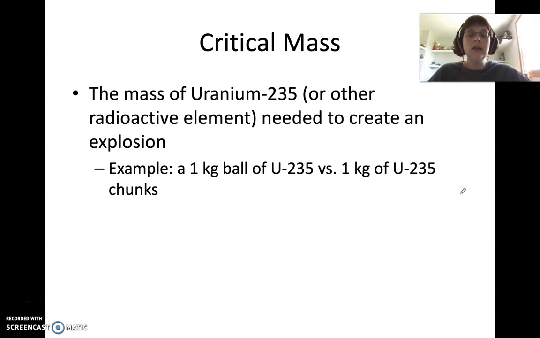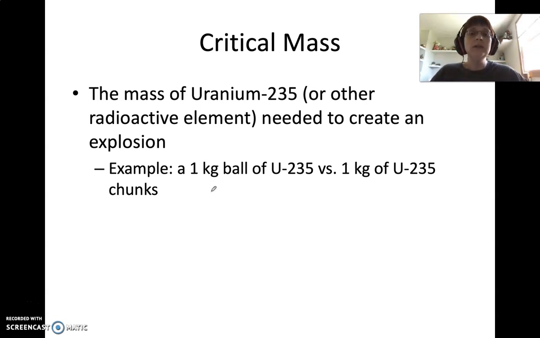And so let's say you need a kilogram of mass of uranium in order to create a critical mass, but it makes a big difference on whether that uranium is in a single ball or if that uranium is a kilogram of little uranium-235 chunks.